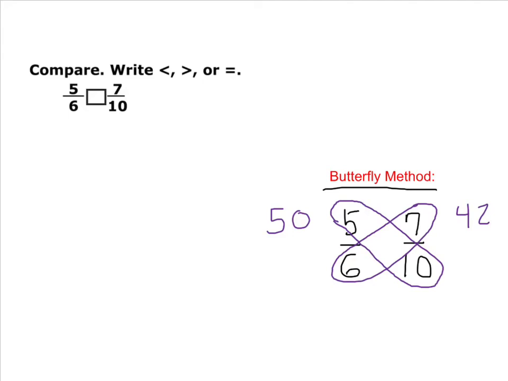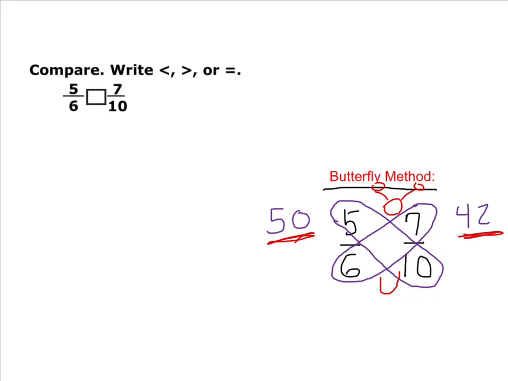Now, the reason they call this the butterfly method is because it kind of looks like a butterfly. If you were to draw a little body out here, a little head right here, maybe some antennas right here, it kind of looks like a butterfly. But that's just a way to help us remember. What we're actually doing is comparing this 50 and the 42, and we use those numbers to compare my two fractions to see which one is bigger.